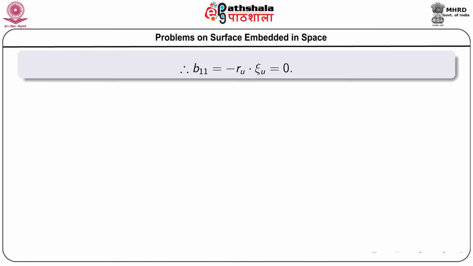Now, if I find xi u and then take the inner product or dot product with R u, we get B 1 1, and if we perform this, you can easily calculate that B 1 1 is coming to 0.